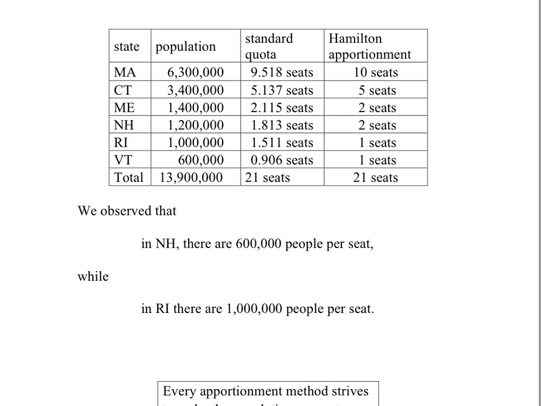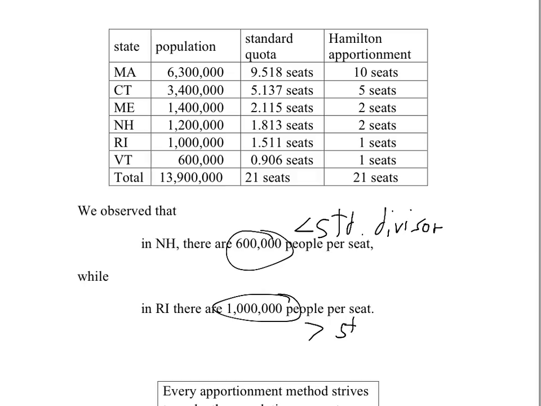In New Hampshire, there were 600,000 people per seat, 1.2 million people spread out over 2 congressional districts, whereas in Rhode Island, all million people lived in 1 district together. So in New Hampshire, the district was much less crowded than in Rhode Island. We already knew this, so what does this have to do with standard divisor? Well, this number right here, this 600,000, is less than the standard divisor, which was over 660,000, and this number right here is much greater than the standard divisor.